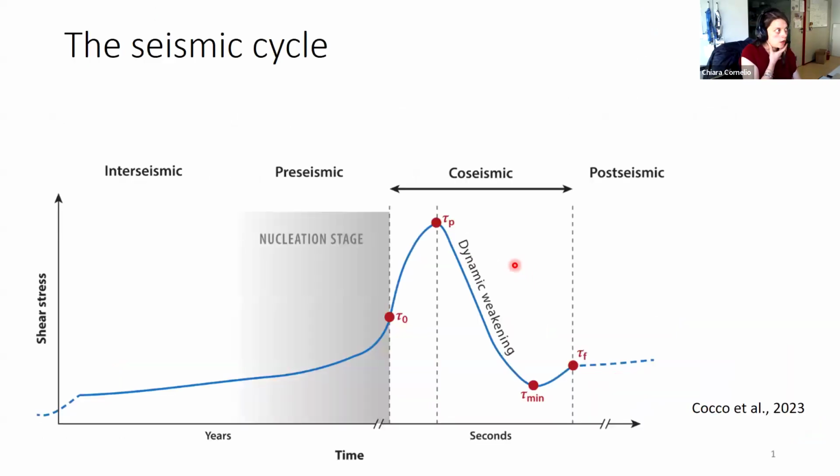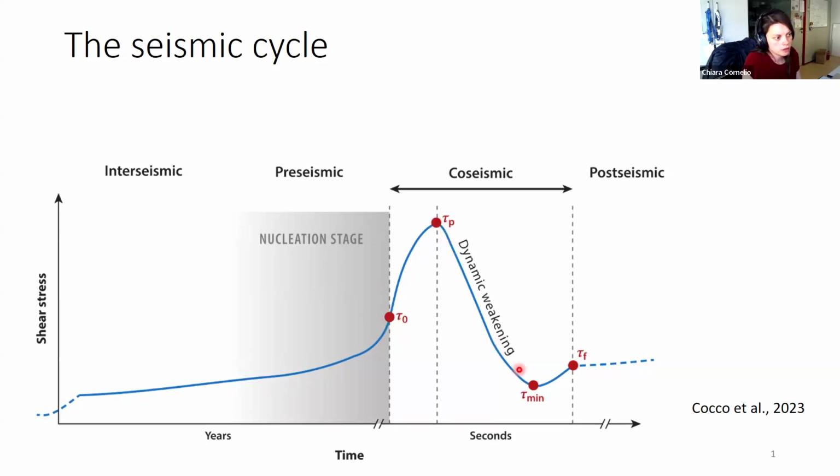I would like to start with a classical picture of the seismic cycle, in which we have the evolution of the shear stress versus time. We know that the seismic cycle can be divided into 4 parts. The interseismic and preseismic phase can last for years. Then there is the coseismic phase, which can last a few seconds, in which the shear stress increases from the yield or initial value up to the peak value.